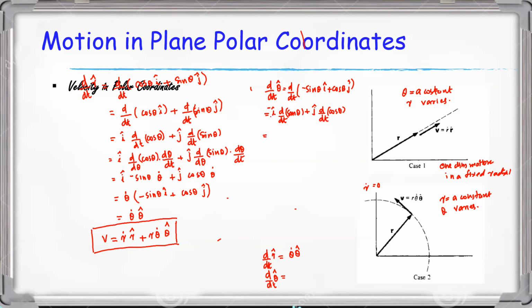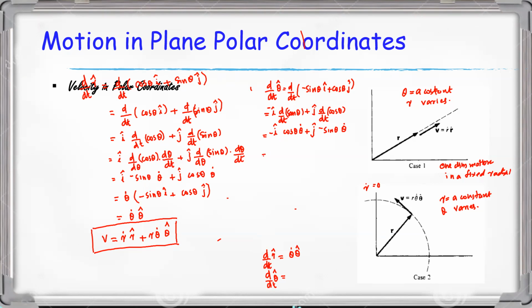As in the previous case, we have evaluated d by dt of sine theta and d by dt of cos theta. We know that d by dt of sine theta is equal to cos theta theta dot. And d by dt of cos theta is equal to minus sine theta theta dot.